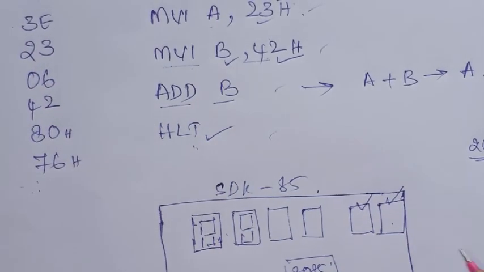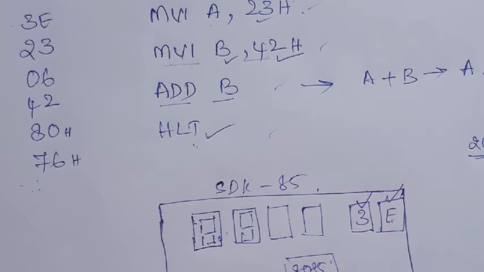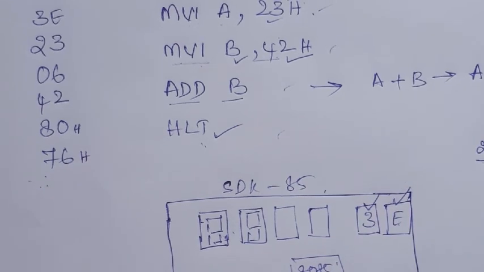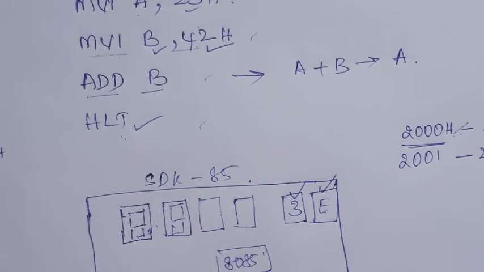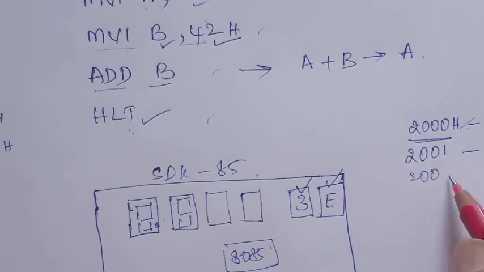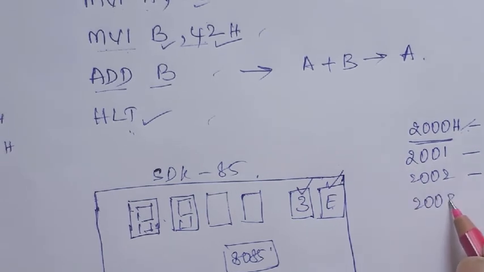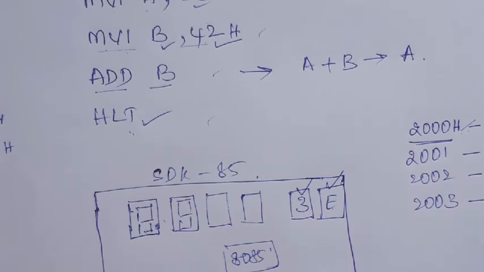First code is 3E, so you will enter that. Say next, and it will go to the next location. Here 3E you entered, next you enter 23. In the next location, next byte 06. In the next location, you'll say next and enter the whole program in these locations.